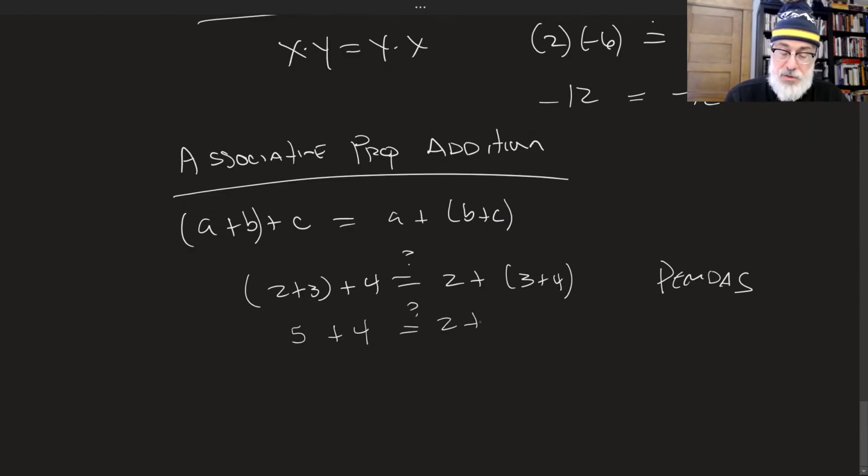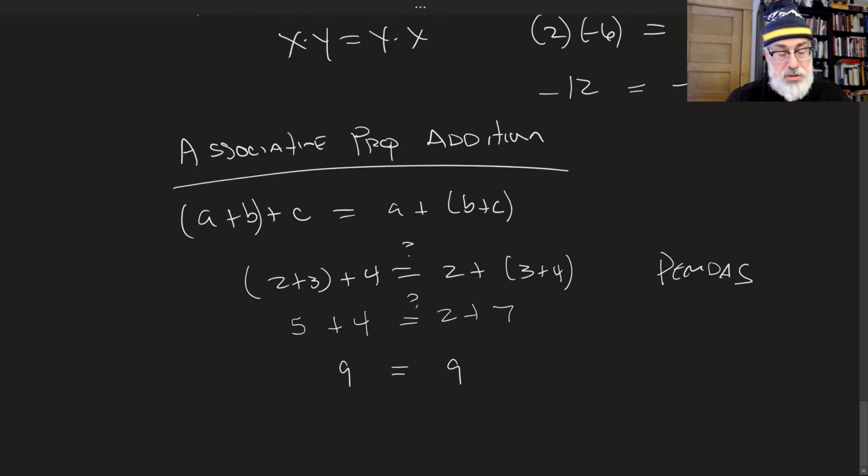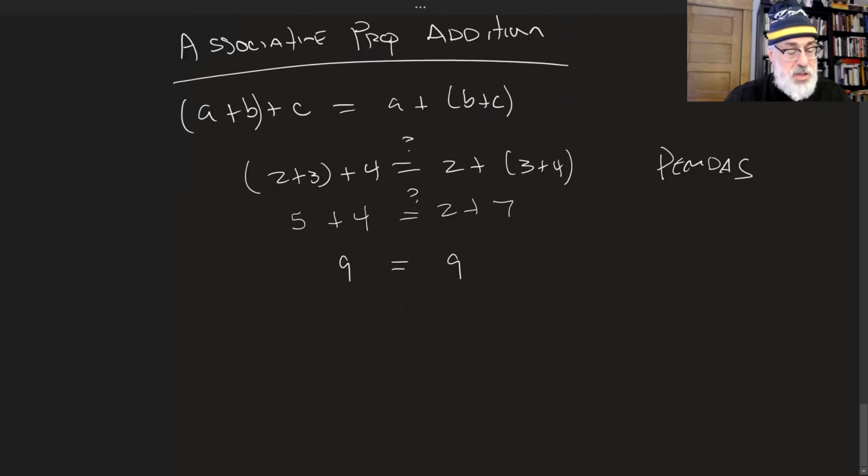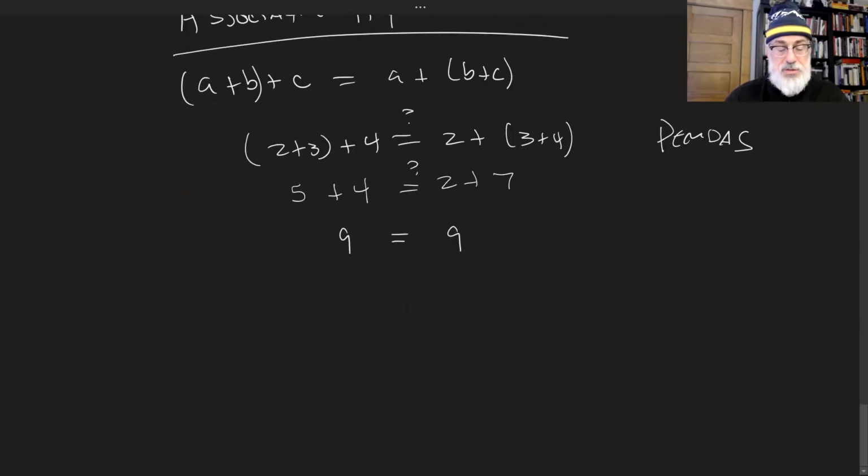And then we're going to add 3 and 4, which is 7. 5 plus 4 is 9. 2 plus 7 is 9. So yes, these are the same. Even though the steps look like we're coming to a different conclusion, the real numbers are associative under addition. And I'm using really good examples. And so far I'm just using integers so as not to overly complicate.